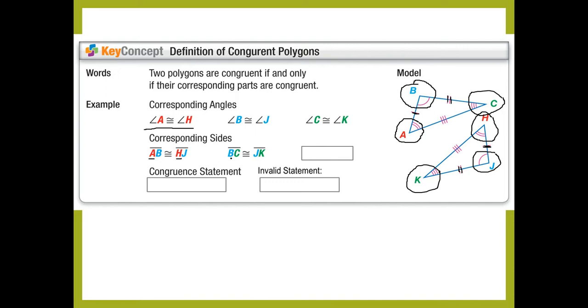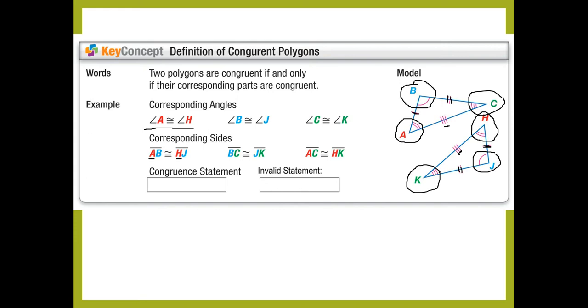Remembering again to have our B and our J in the same position and our C and our K in the same position. Lastly, side AC goes with side HK. We know this because AC has 3 marks and HK has 3 marks.